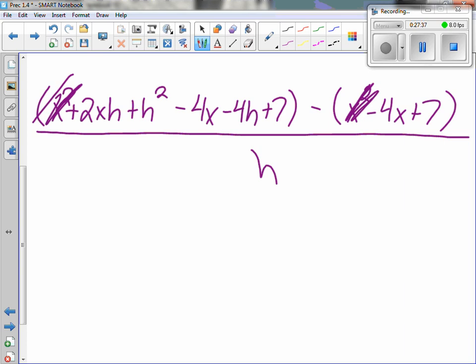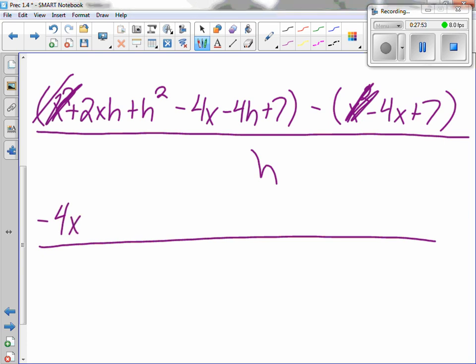Zero. Negative 4x minus negative 4x, well, this negative and that negative make a positive, so you have those two and they cancel.